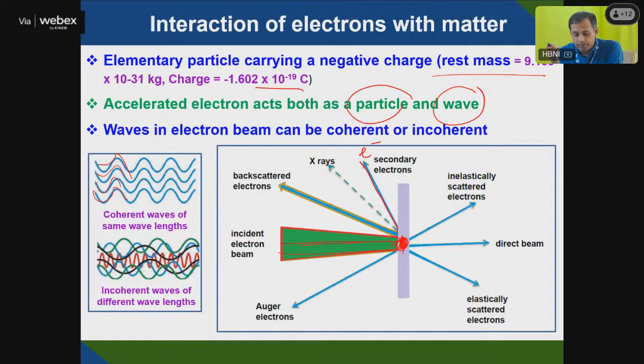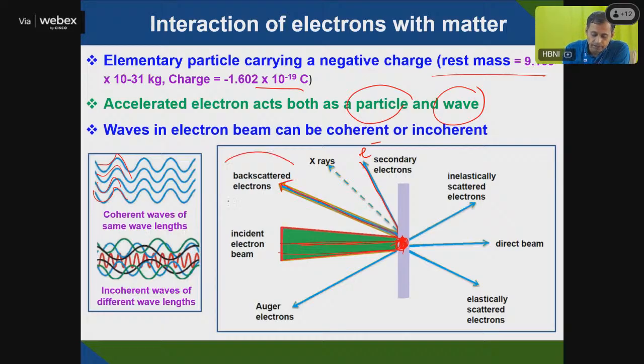That means the incoming electron can be absorbed in the material and knock out a secondary electron, or X-rays can be produced. And then you can also get a backscattered electron. The same electron, if it goes very close to the nucleus, can come back as a backscattered electron.